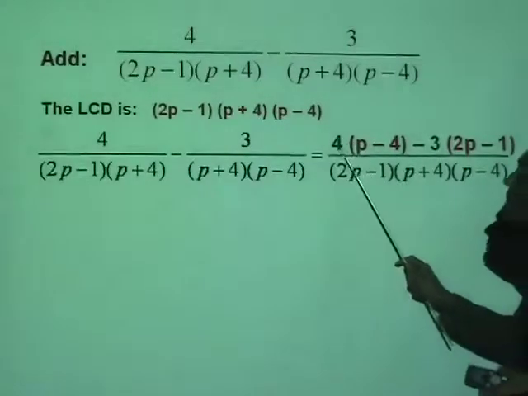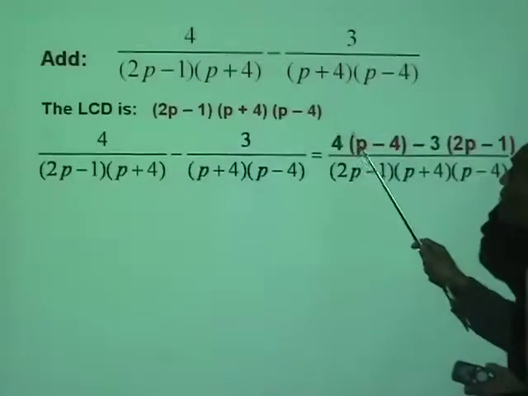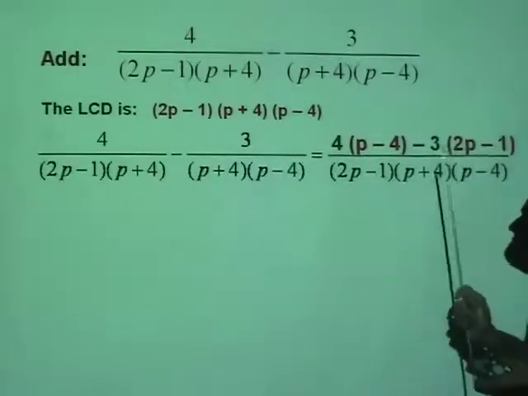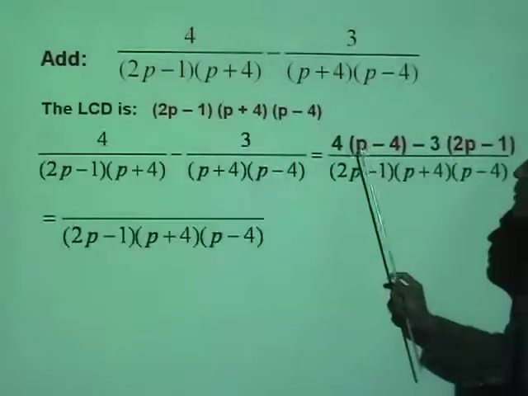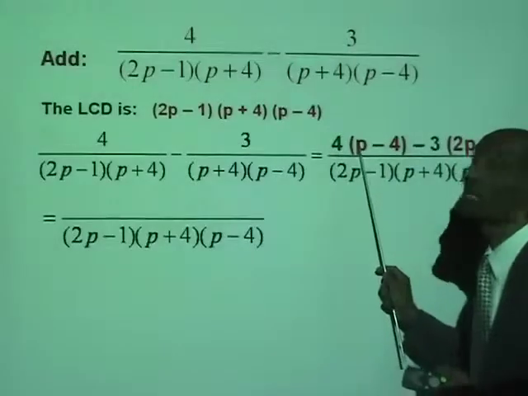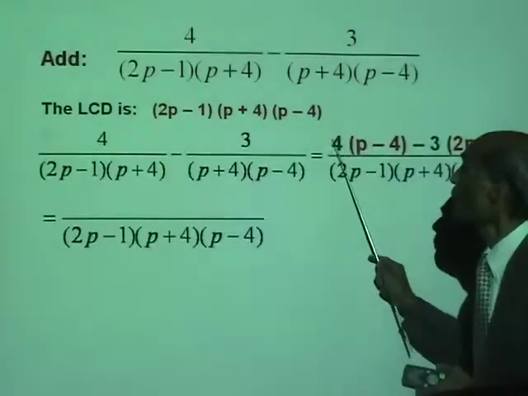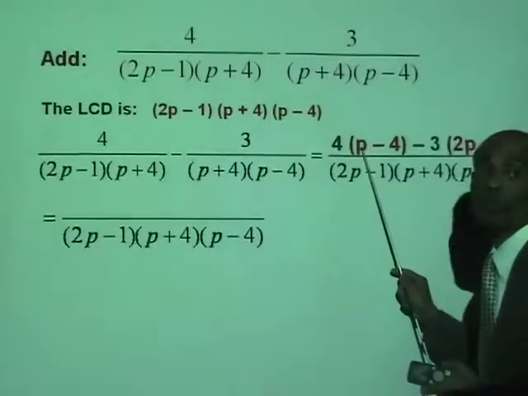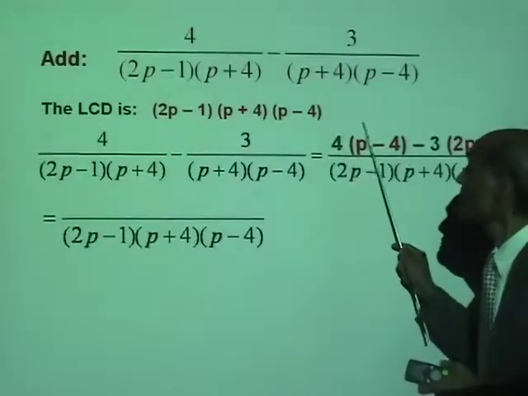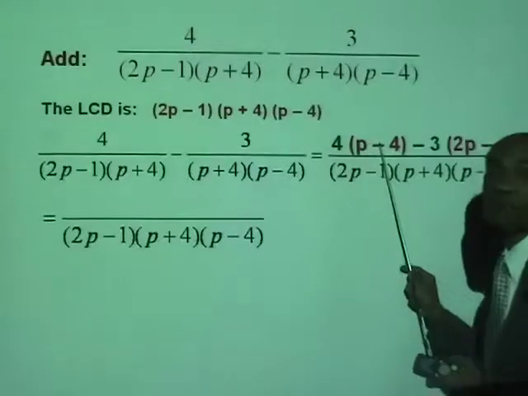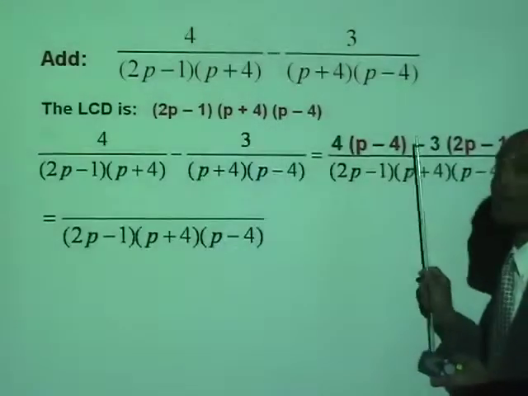Our next step is multiply or distribute and simplify. There we go. 4 times p is, let's do it mentally first. Distribute the 4. 4 times p is 4p. 4 times negative 4 is minus 16.